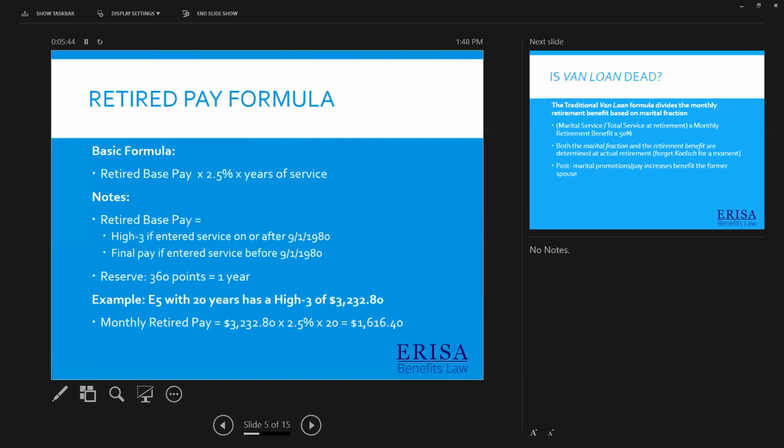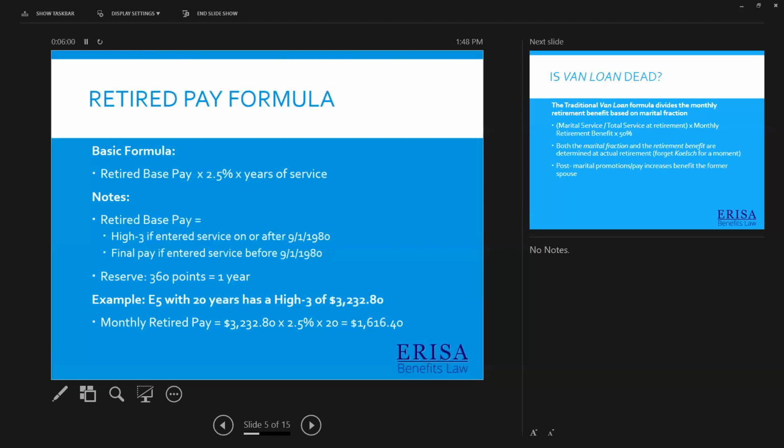The other point is that this formula uses years of service. If somebody is in the reserves, basically you take all of their points, and 360 points equals 1 year.